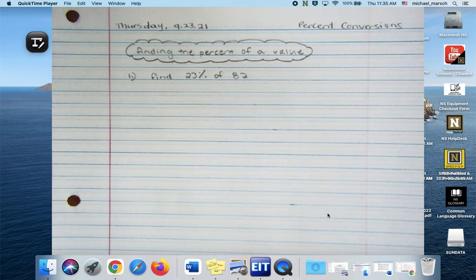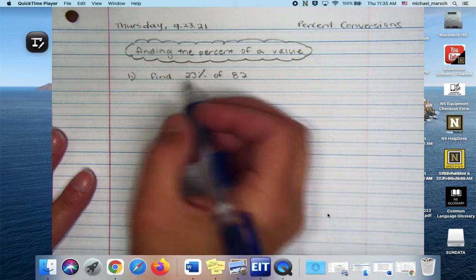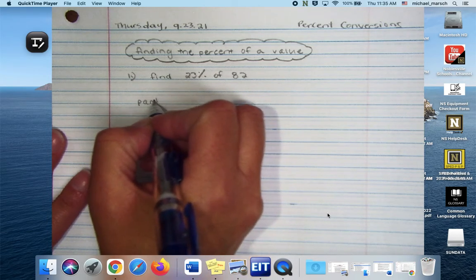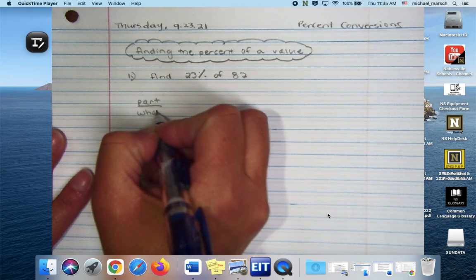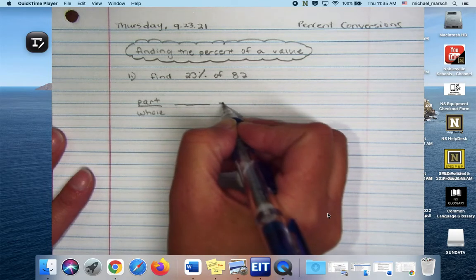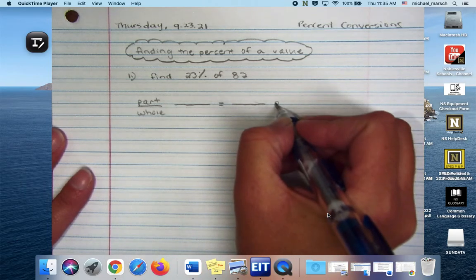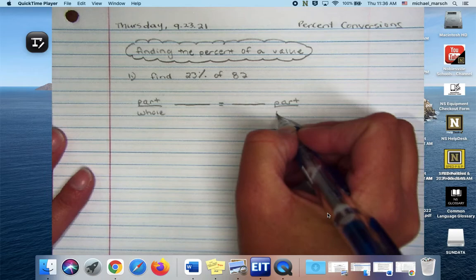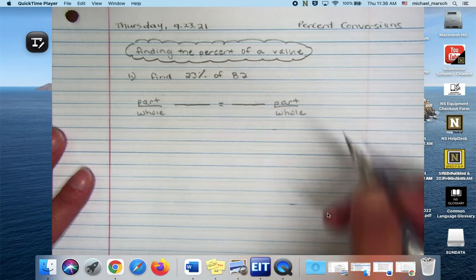Remember, in both videos they talked about how important it is to keep the different units of measure lined up correctly. Because we're just doing percents, we're going to call this the part and the whole. Those are our units. Equals. Our numerator will also be the part, and our denominator will represent the whole value.